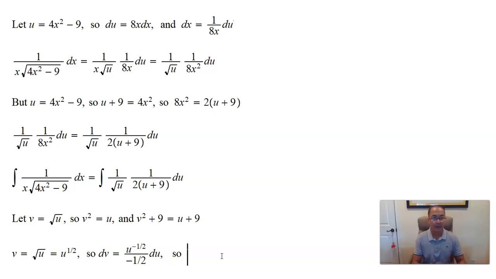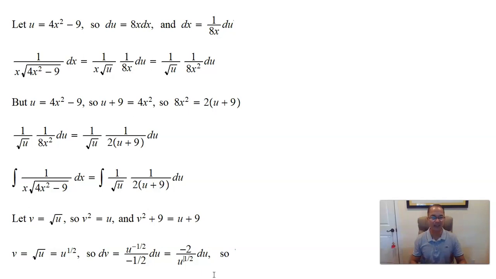Let's clean this up first, because all these minuses are annoying, right? And the reciprocal in the denominator too. So that is 1 over negative 1/2. That is simply negative 2 in the numerator. And the u to the minus 1/2 in the numerator becomes u to the plus 1/2 in the denominator.